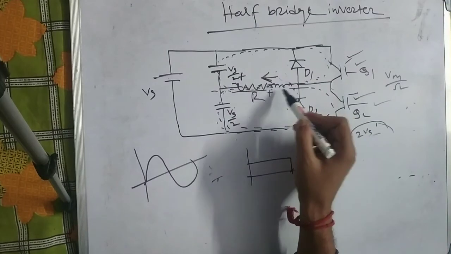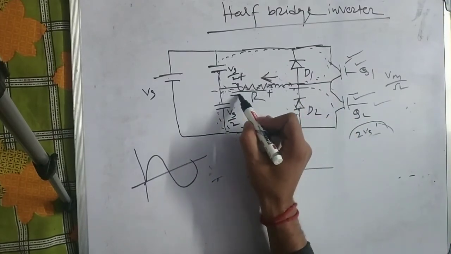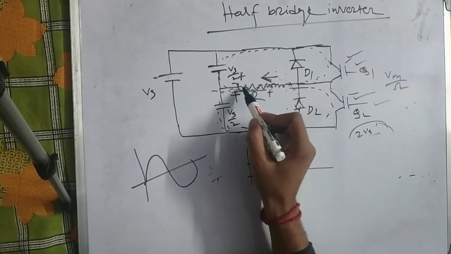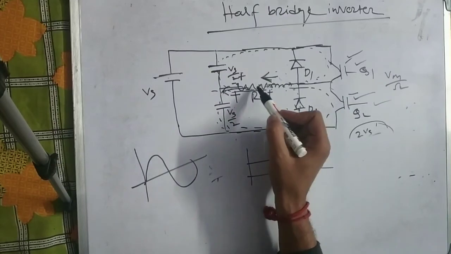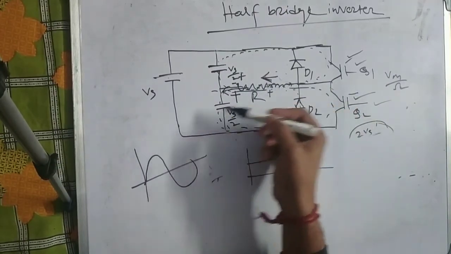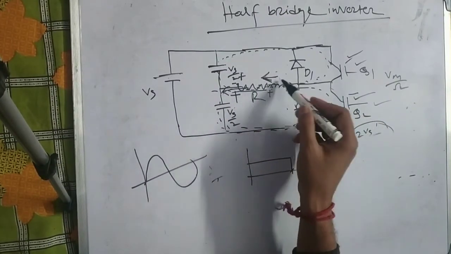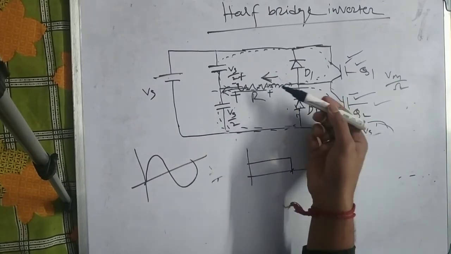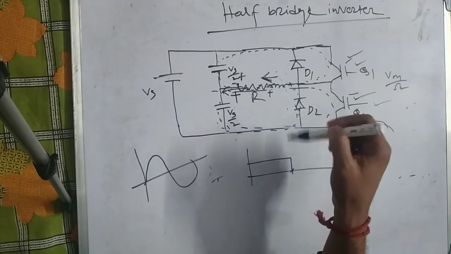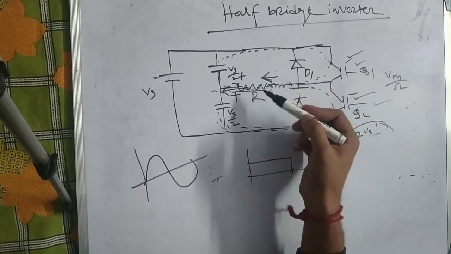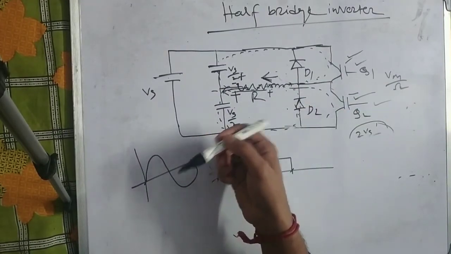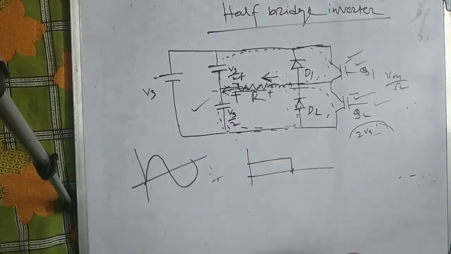At that time voltage will be in this direction and current flowing in this direction. That means the load is giving power to the source. So if a higher value of inductance is present when the diode operates, then the load will give power to the source. That is the half bridge inverter.